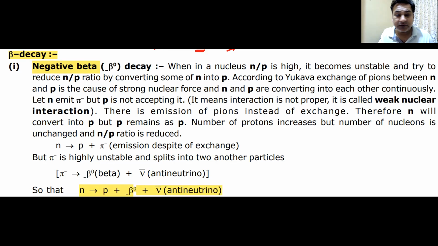The only thing you must remember is that this negative beta decay happens because of weak nuclear force, or weak nuclear interaction, which I have highlighted. Do you see the highlighted part? Why does this negative beta decay happen?